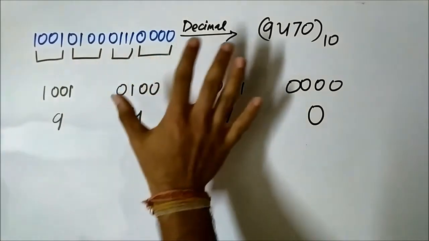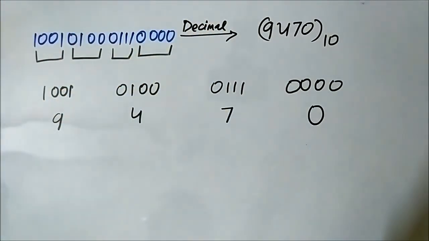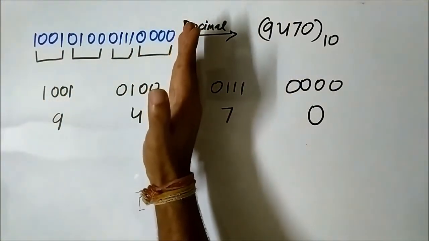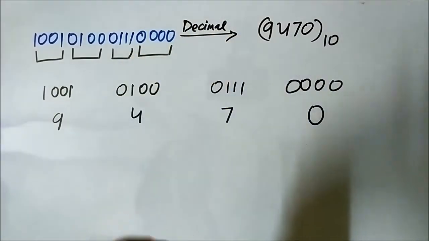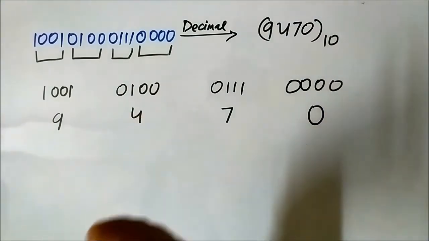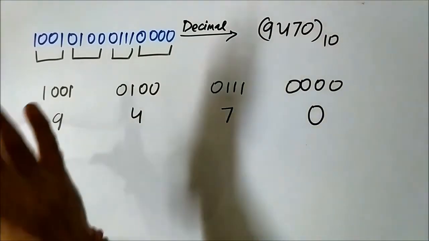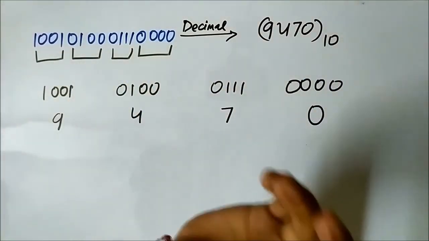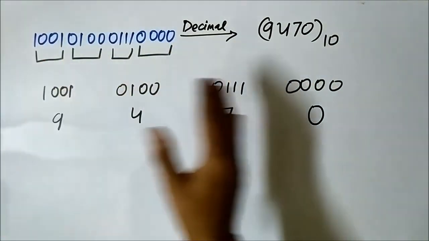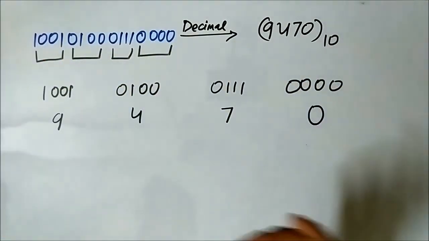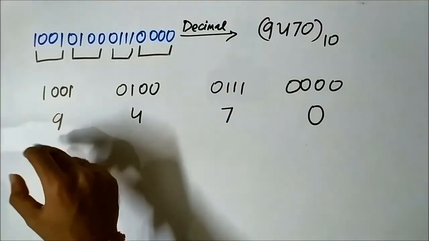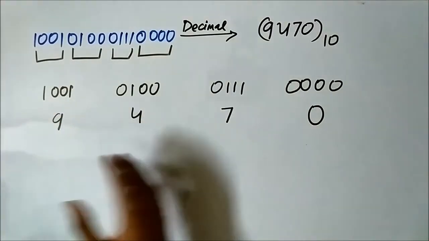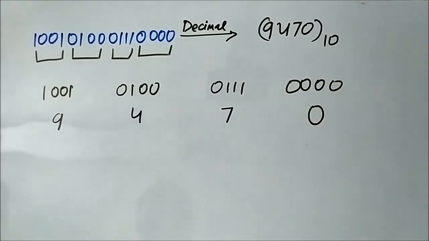First, see the BCD code which is given, start from the LSB side, make groups of 4 bits, and keep on making groups of 4 bits until you exhaust all the bits. Then write each of the 4-bit groups separately, convert each into the equivalent decimal digit, then combine the decimal digits and you get the decimal number.